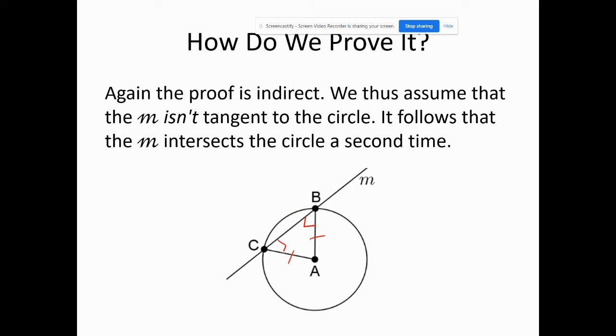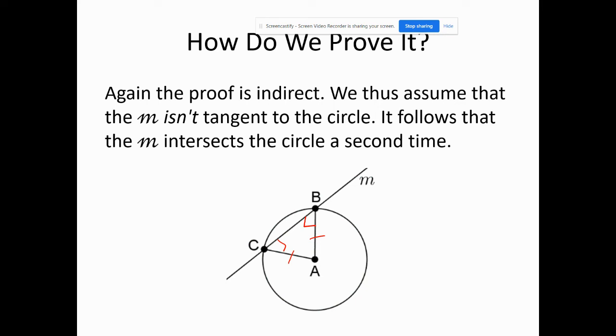And so now we have a triangle with two right angles, which is, of course, impossible. But that means that this line M, which was perpendicular to AB, cannot intersect the circle the second time. But it did intersect the circle once, so it intersects once and only once, and that means that indeed it is a tangent.